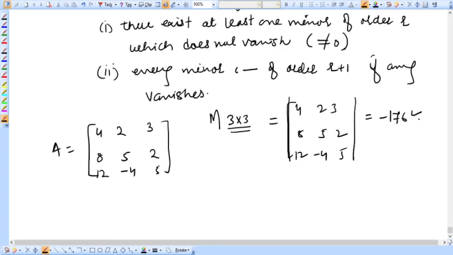Obviously it is not equal to 0, therefore this minor is not vanishing. So there is a chance that 3 could be the rank of this matrix.